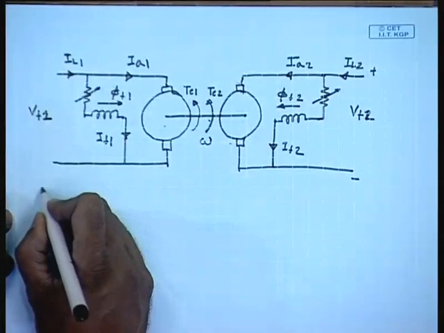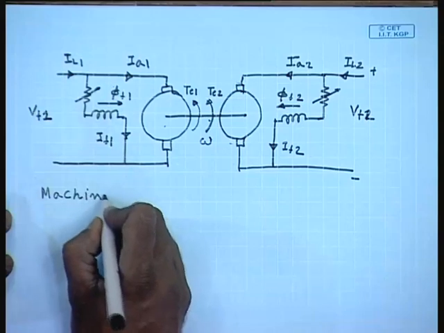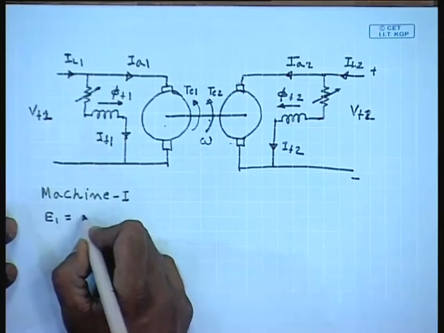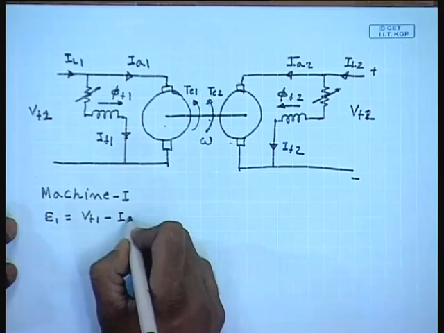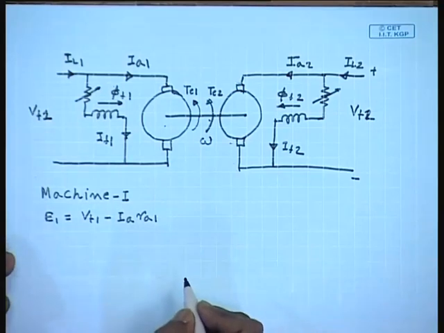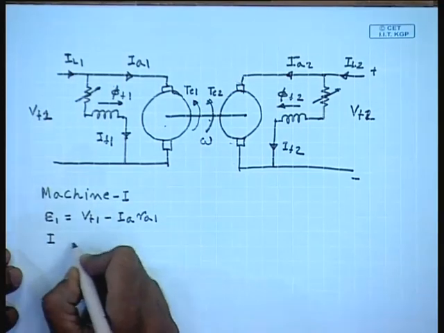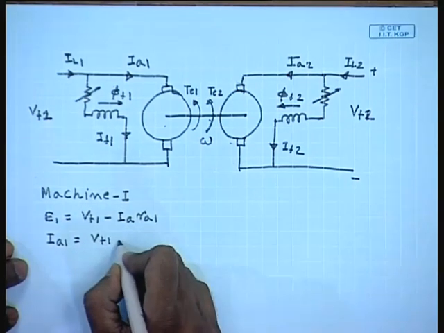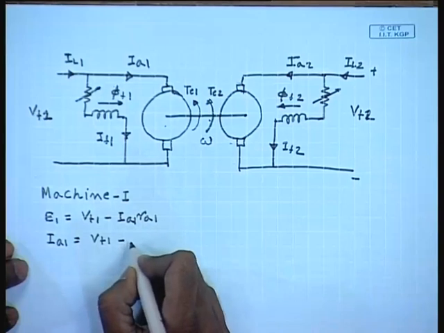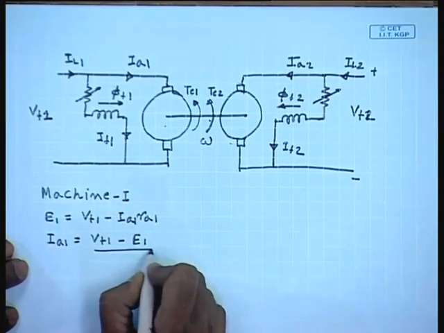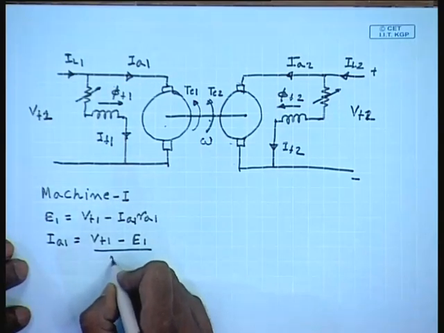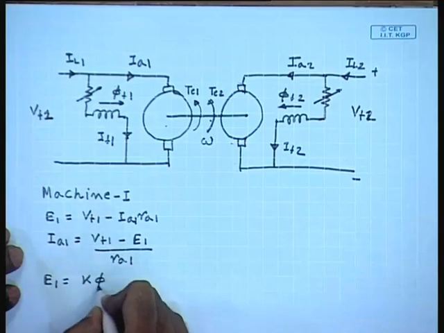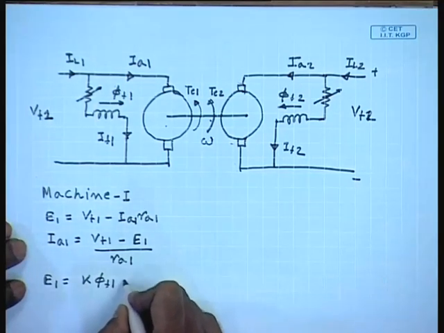Let us say for machine 1, we know E1 equals Vt1 minus Ia Ra1, or Ia1 equals Vt1 minus E1 by Ra1, but E1 equals K phi F1 omega.